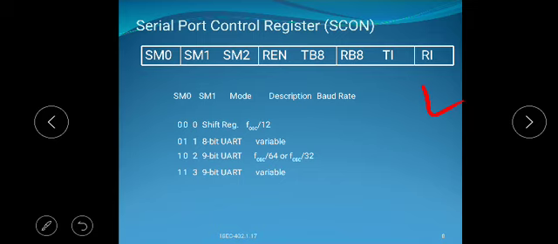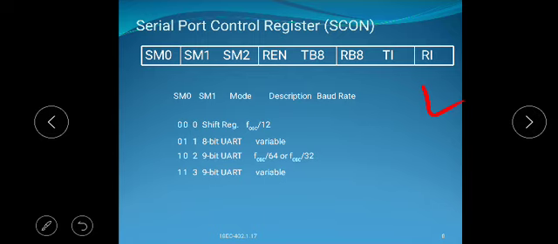0, 1 is mode 1, the 8-bit universal asynchronous receiver and transmitter. The baud rate is variable. 1, 0 is mode 2, the 9-bit universal asynchronous receiver and transmitter.